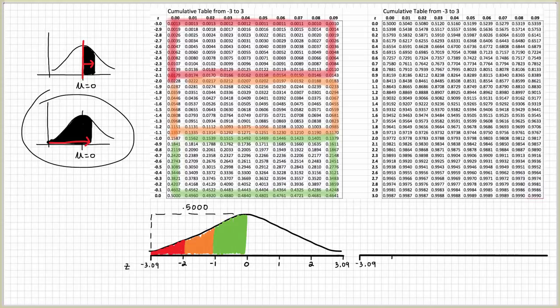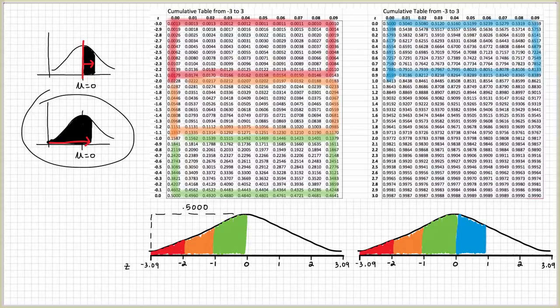Now let's do the second half of the z-table, and we know that half is shaded. Probability is 0.5. Now let's shade from 0 to 1, which is the blue area. That corresponds to this part of the table and has a probability from negative 3.09 to 1 of almost 84%.